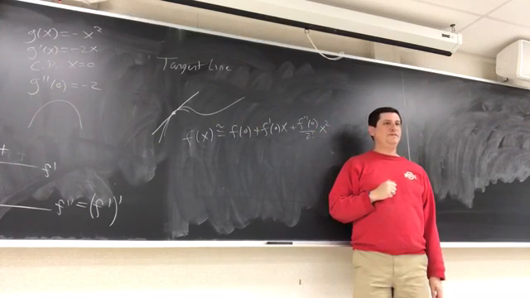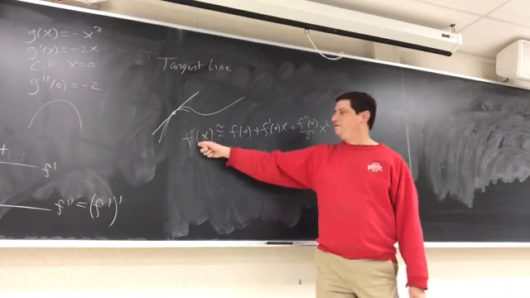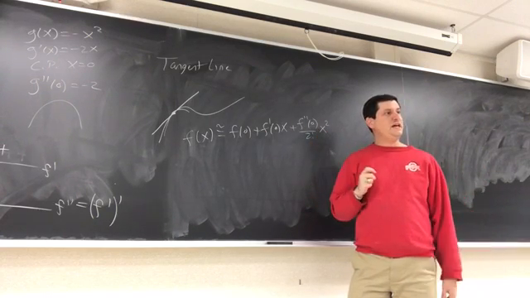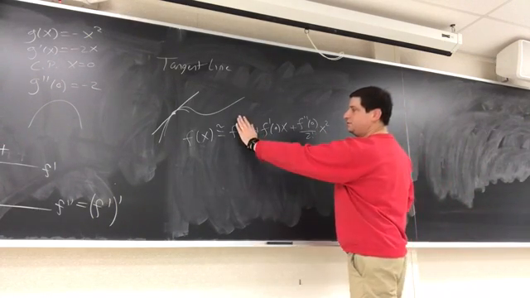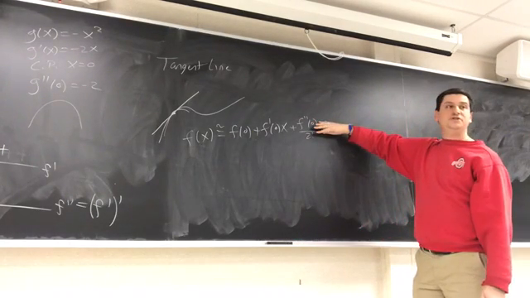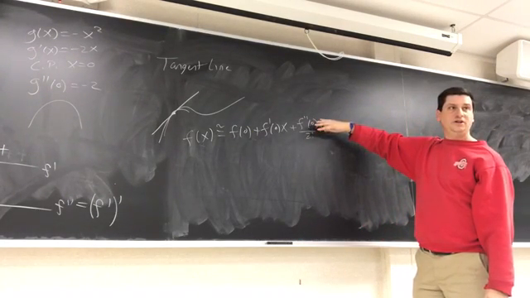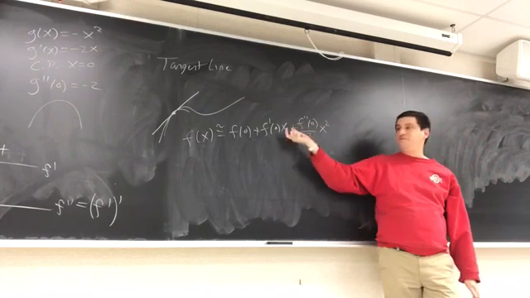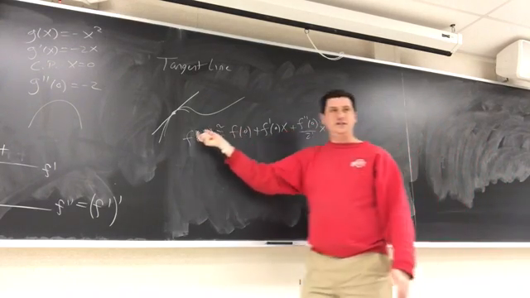And if I look at what happens, if I put in x equals 0, I get f of 0 versus f of 0. Good. If I take the derivative of both sides, the derivative of f of 0 vanishes. The derivative of this piece is just 2x, which is 0 when x equals 0. So the derivative of the right-hand side at 0 is just f prime of 0. It matches this side.